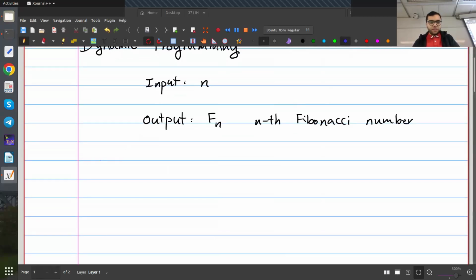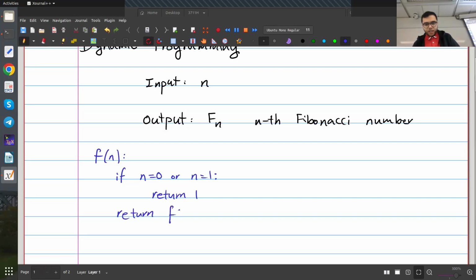So I can just have this function f that takes n, and it says if n is 0 or n is 1, return 1. Now you can define your base case however you want. Otherwise, just return f of n minus 1 plus f of n minus 2.